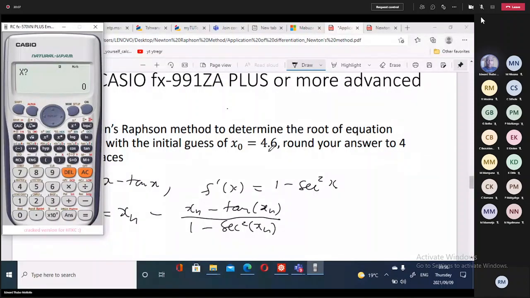It's giving me a value I'm not expecting here. Why? I'm expecting 4.3. Let me see. Yeah, it's okay. I see my mistake. If you check on the formula, we have xn there, xn minus, that's the part that I forgot to put there.